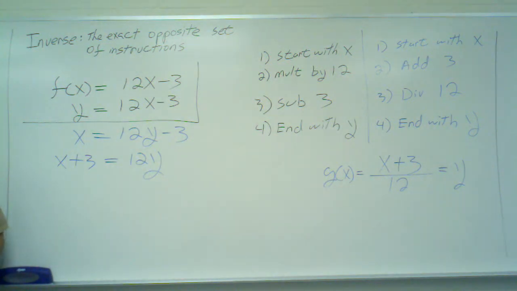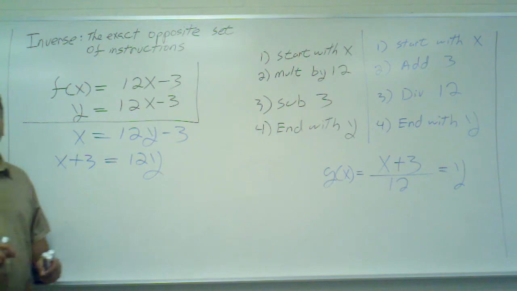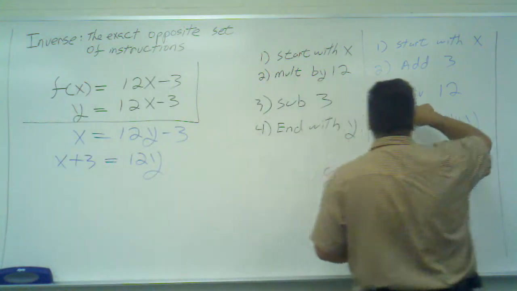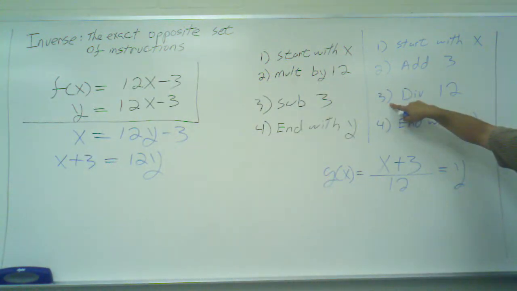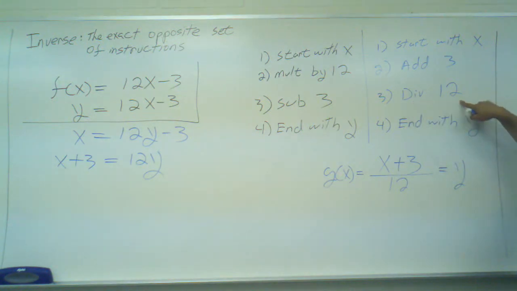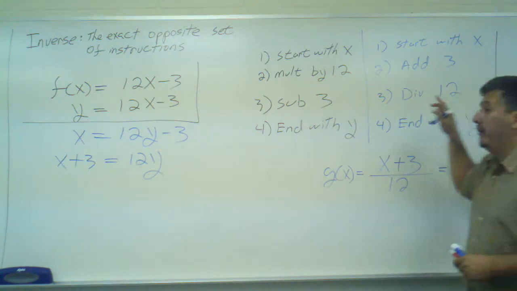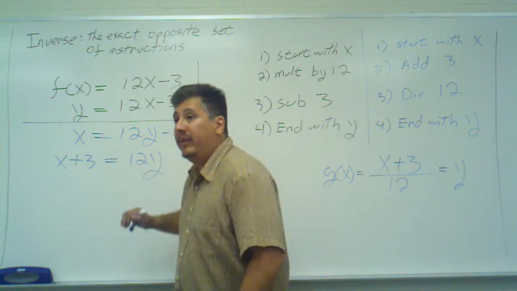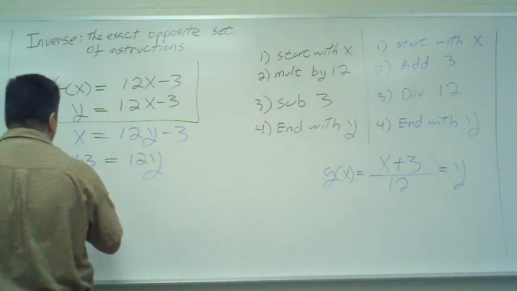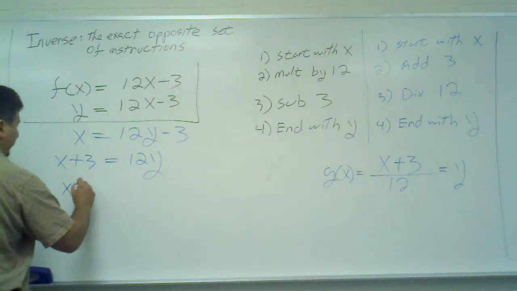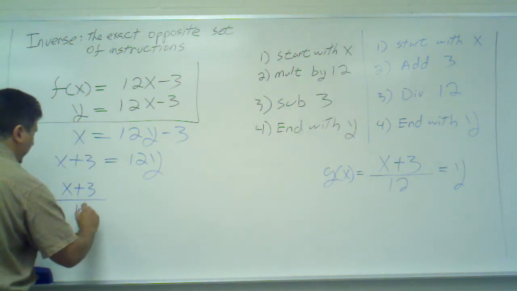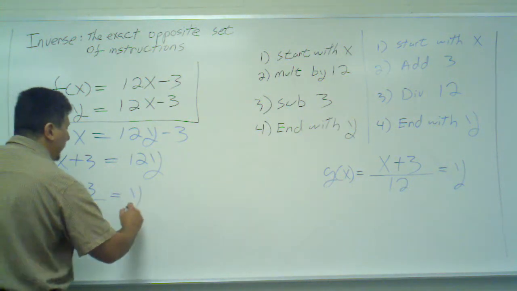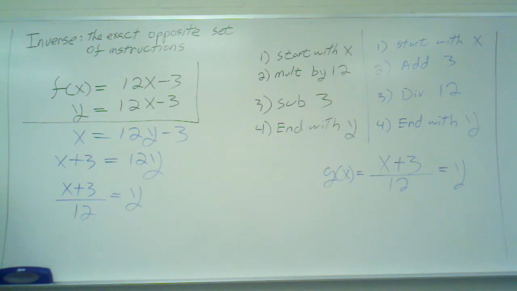I've got multiplication, I'm going to remove it with division. So, notice. Next thing I do, divide both sides by 12. So I have my new value here, and I'm going to divide it by 12. And that's going to give me the y value of my new function.